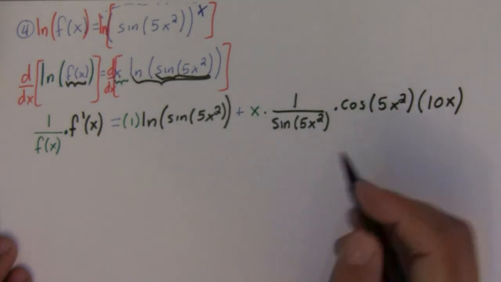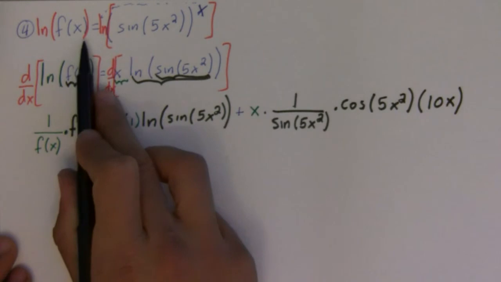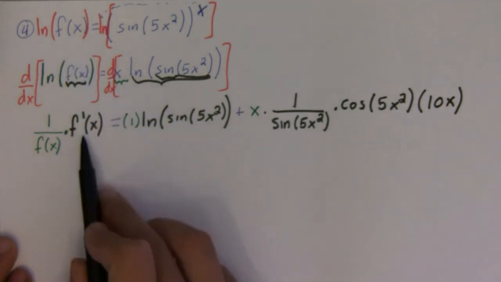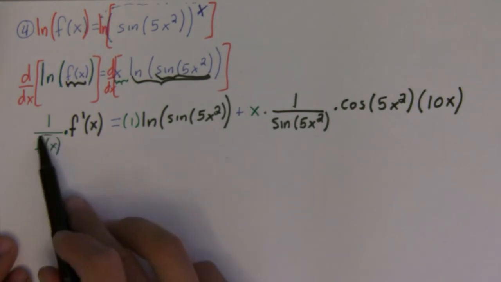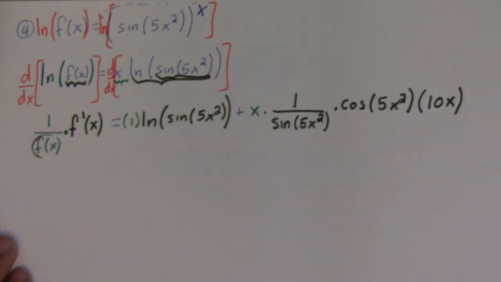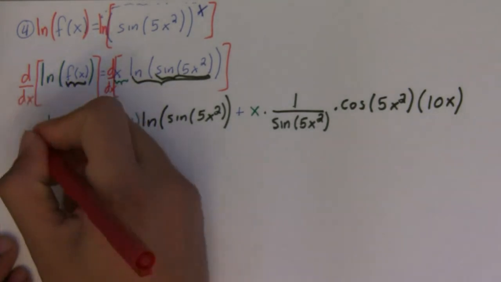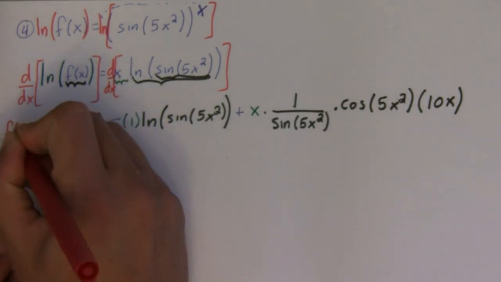And then the last step. What I'm looking for this whole time is the derivative of f. Well, I have the derivative of f here. What I want to do is move f of x over. So I'm going to multiply both sides by f of x.